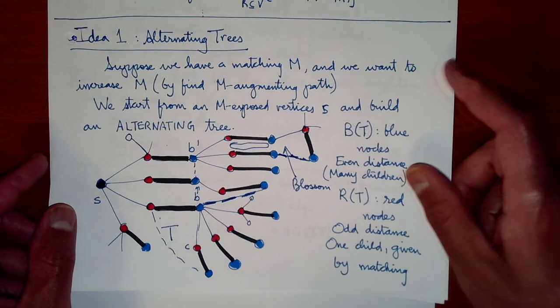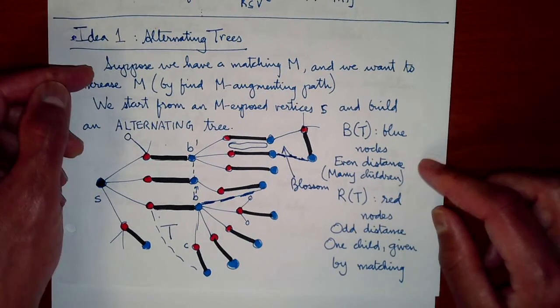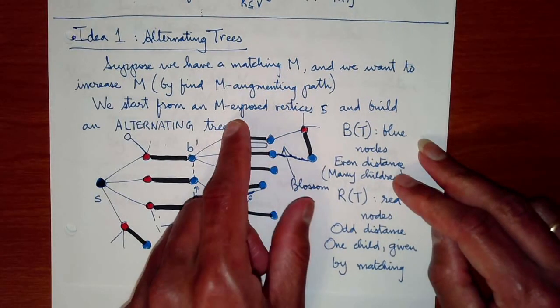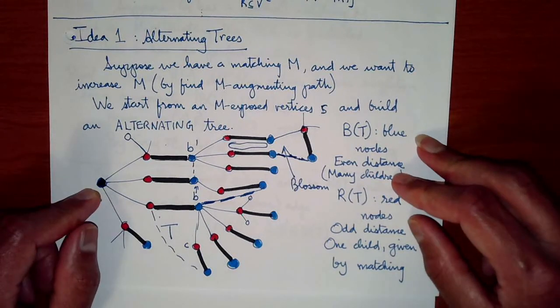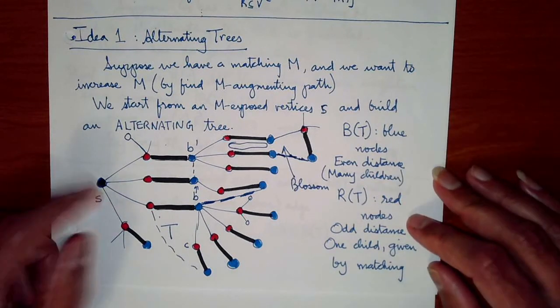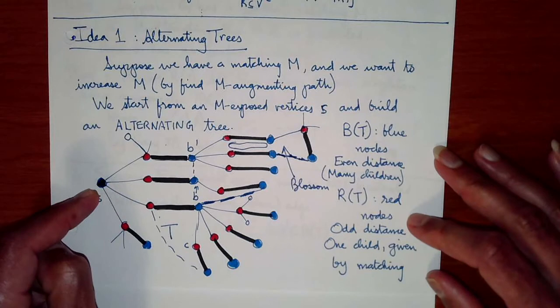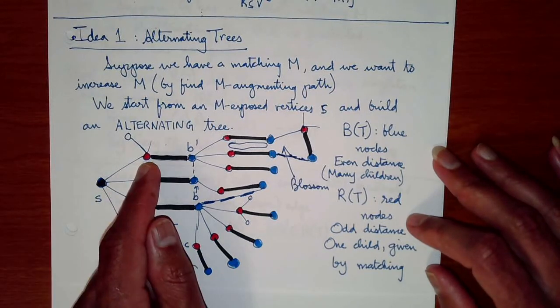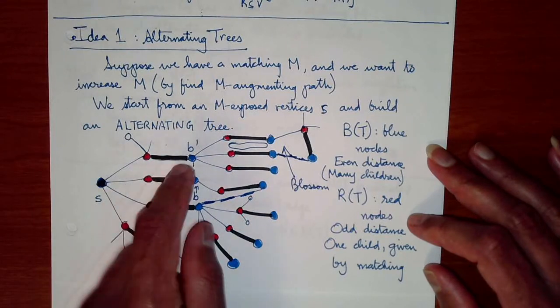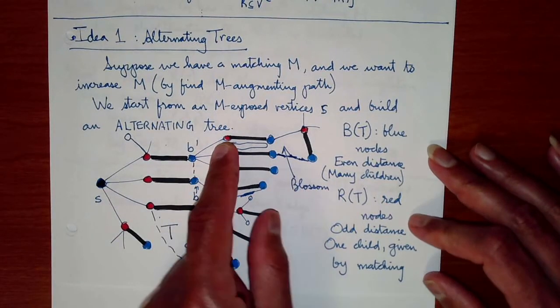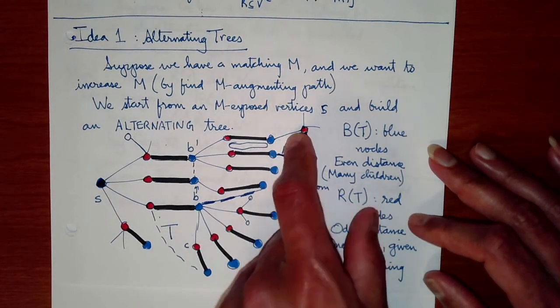Recall that an alternating tree starts from an M-exposed vertex, some vertex S that is not matched by M. Then the alternating tree takes an edge not in the matching, which is followed by the matching edge, then an edge not in the matching, and so on and so forth.